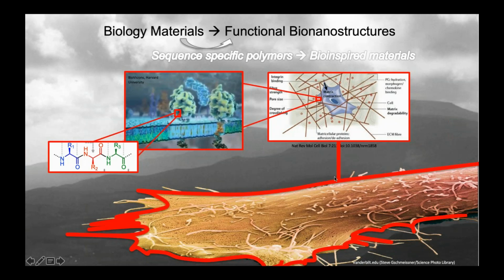And this is the kind of inspiration I take in coming up with synthetic materials, from using sequence-specific polymers to the nanoscale arrangement, as well as creating nanostructures to give functionality.